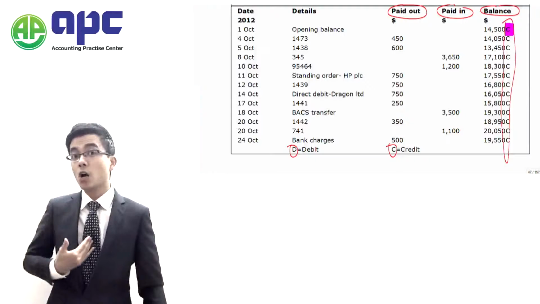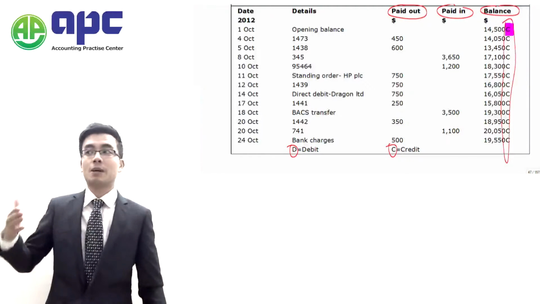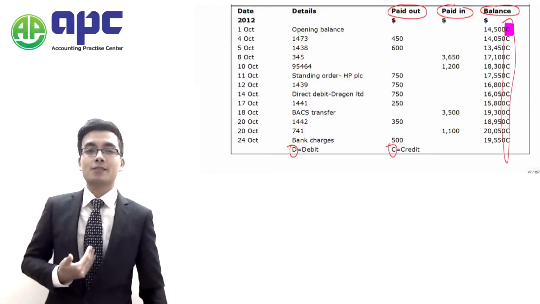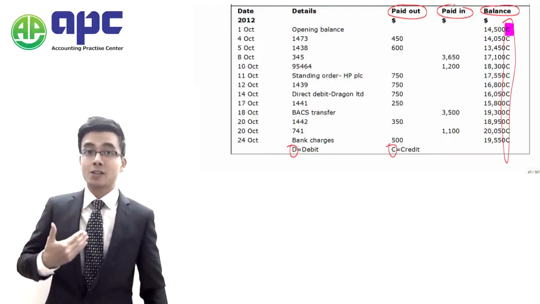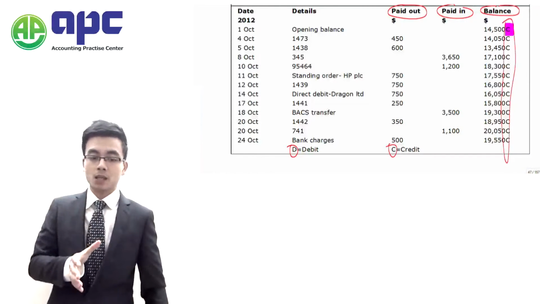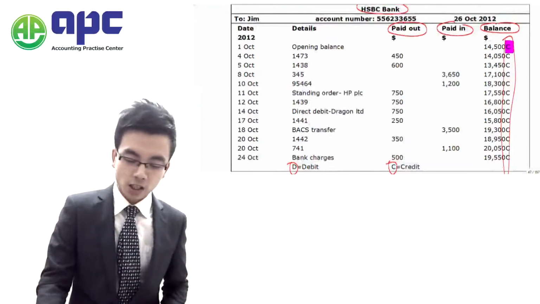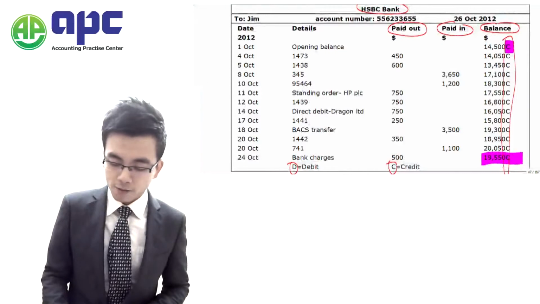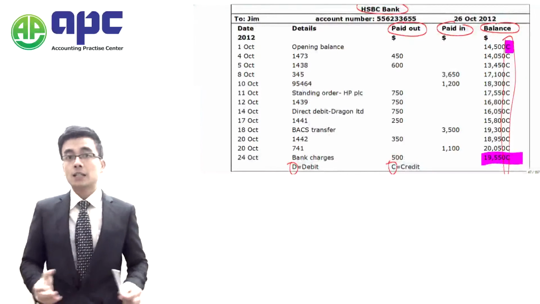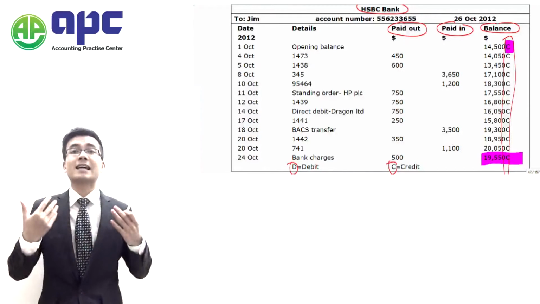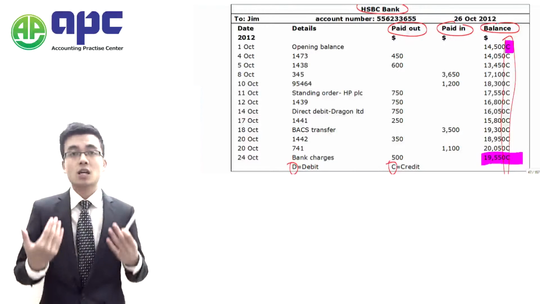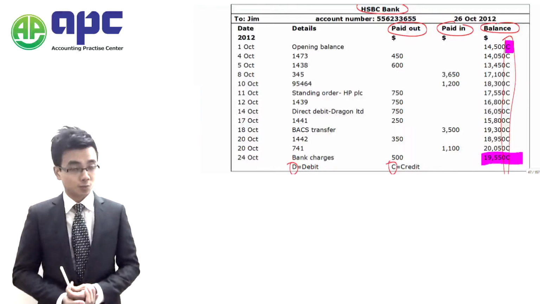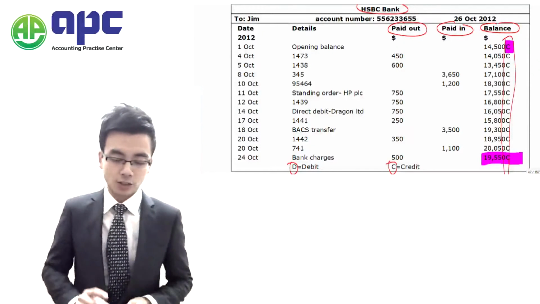If the bank is owing us money, of course it's a credit balance on their account, so it will be a debit balance in our cash account within our company. As you can see, the total balance as at the 24th of October is 19,550 credit. This means to us it is the cash asset, the positive cash balance within our company. So that's the thing you need to bear in mind.